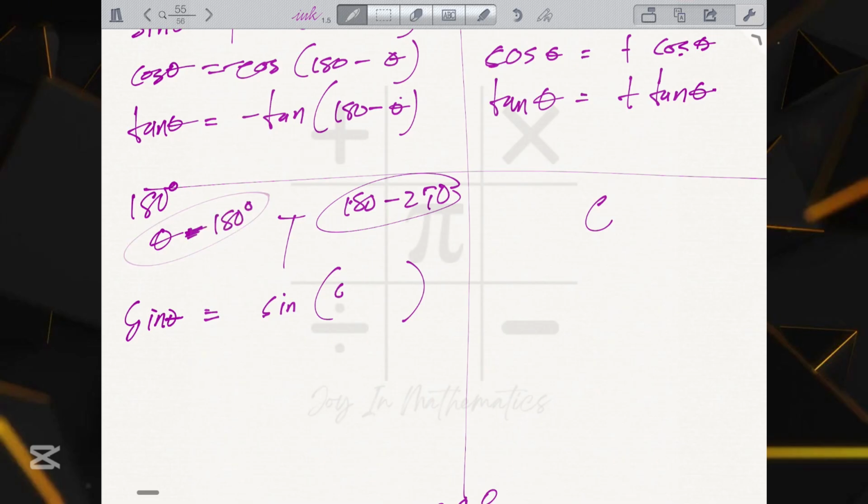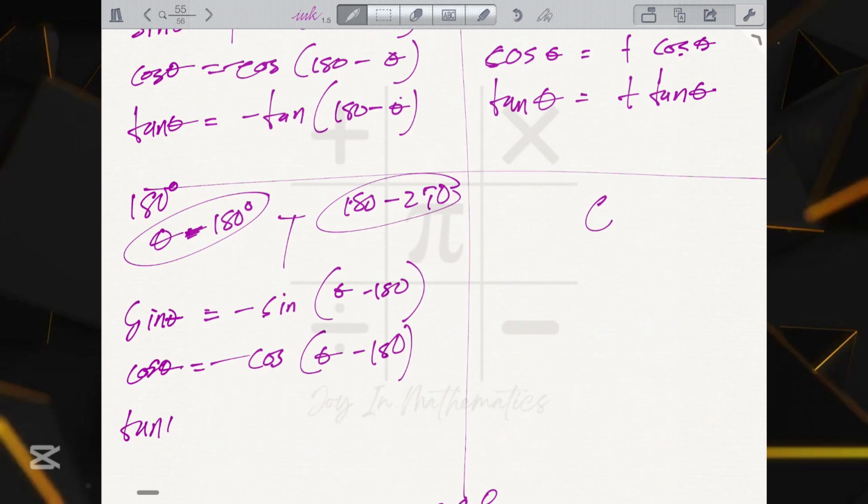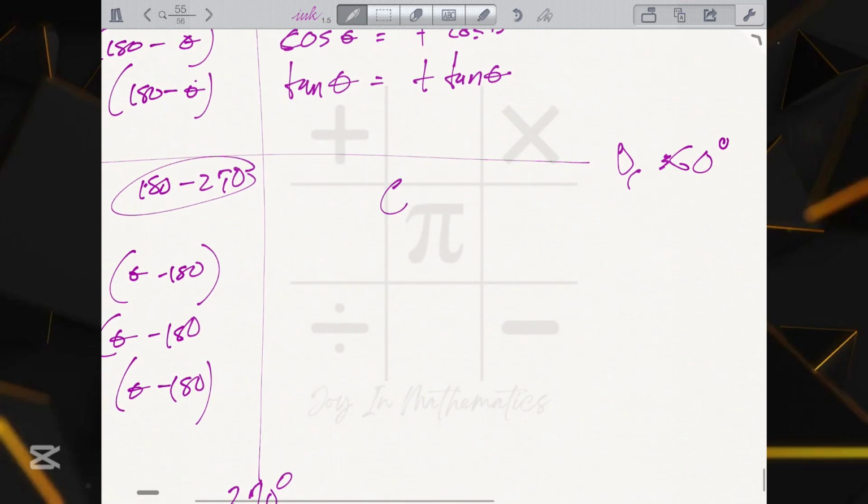So sine theta is negative sine of theta minus 180, negative because only tan is positive. Cos theta will be equal to negative cos of theta minus 180, but tan theta will be positive tan of theta minus 180.